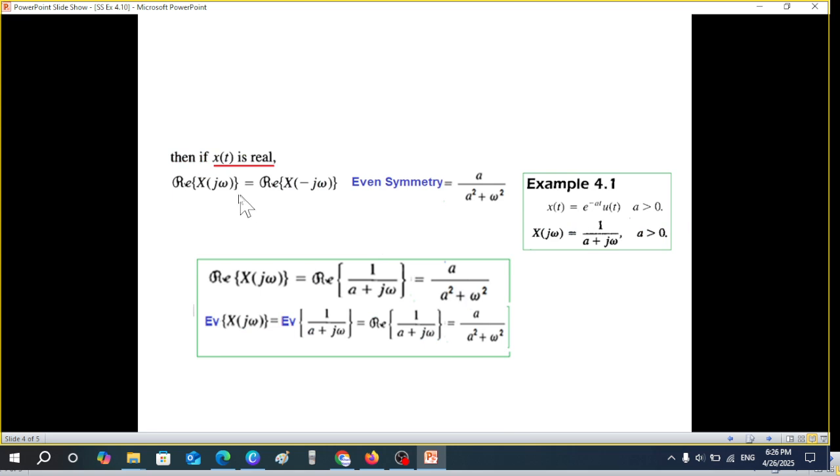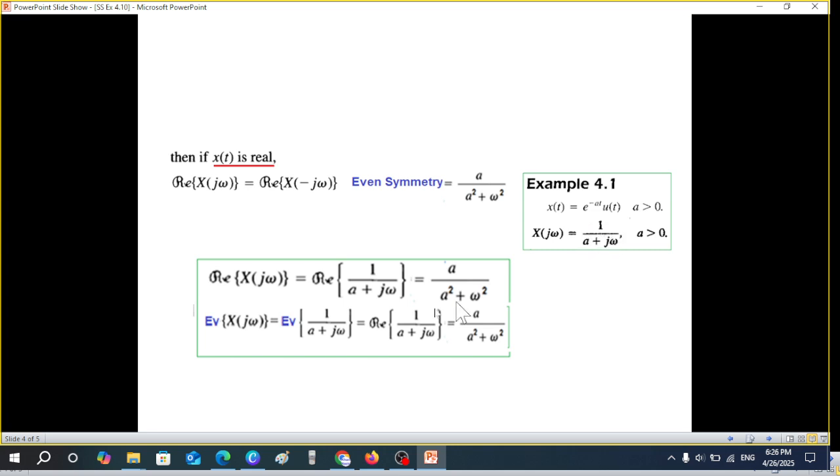Okay, now as we discussed, this is the even symmetry, this is the value that we were getting, and there are a couple of ways of writing this. We can say that the real part of X(j omega) is equal to the real part of 1 over a plus j omega. Remember, this is the transform of e^(-at)u(t), 1 over a plus j omega.